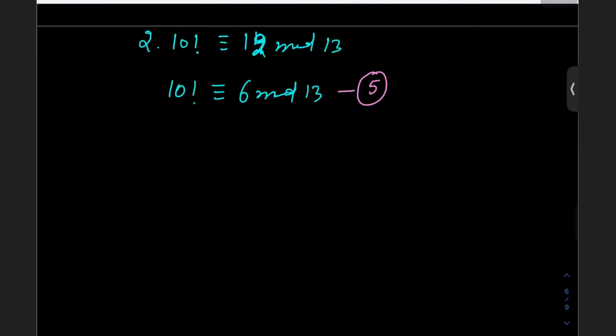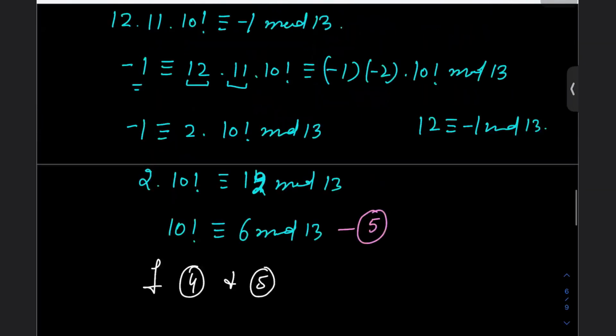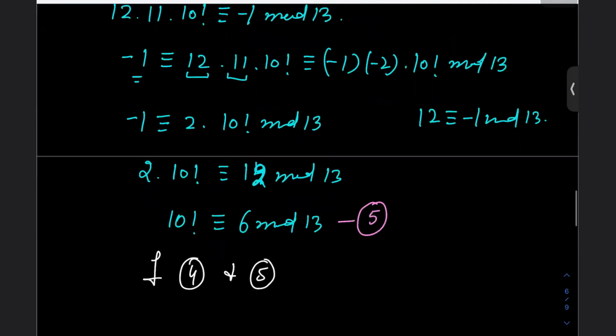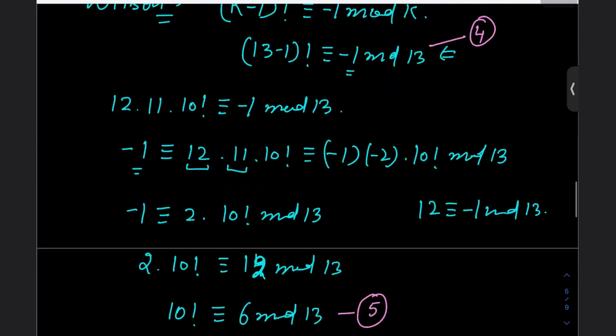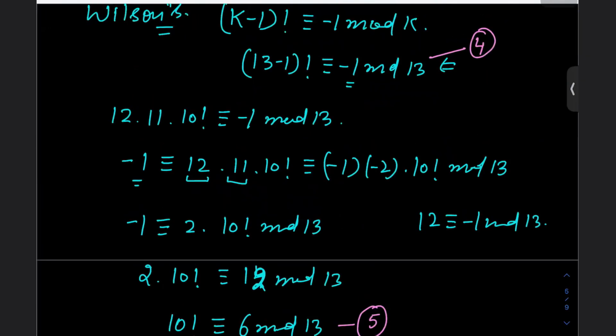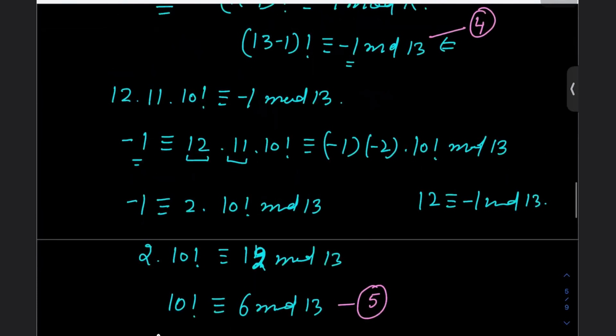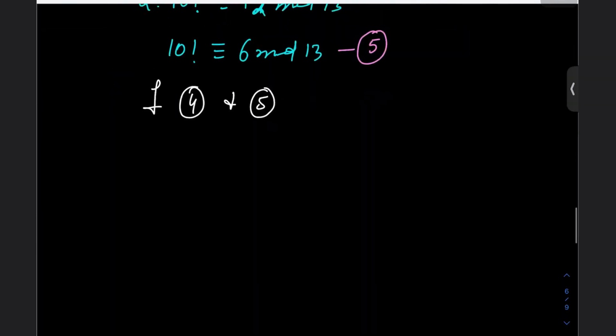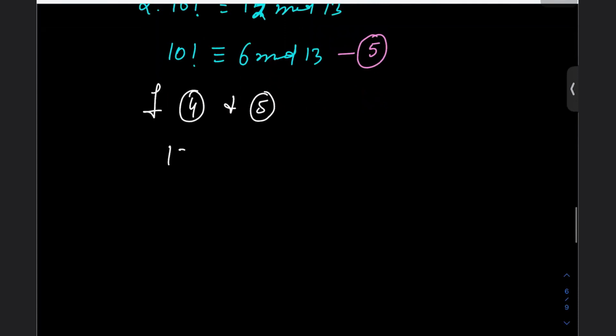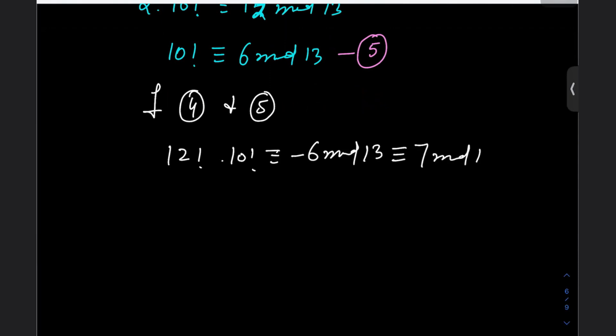So from 4 and 5, where 4 is 12 factorial congruent to minus 1 modulo 13, we can say that 12 factorial into 10 factorial is congruent to minus 6 modulo 13, which is the same as congruent to 7 modulo 13.